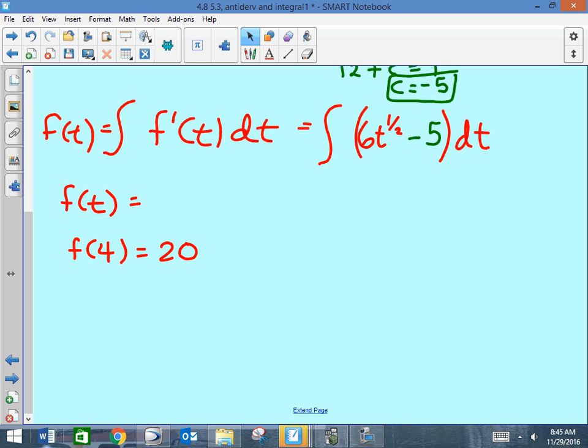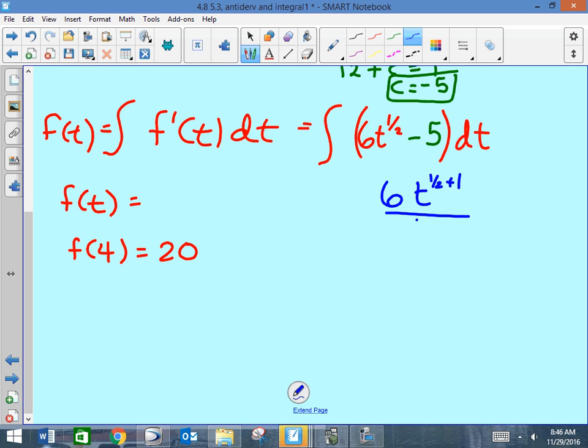We're using that 1/2, that +1, and divide by that same number. And you'll get a system when you figure it out. Okay, so f of t, did we get 4t to the 3/2 plus c?